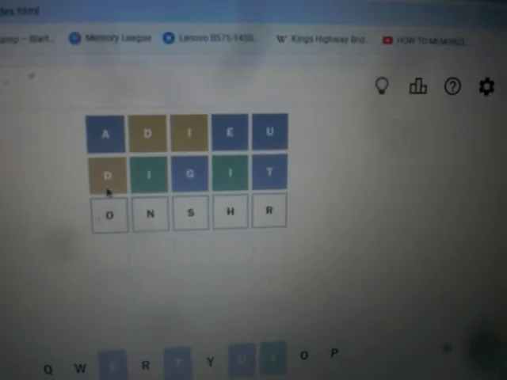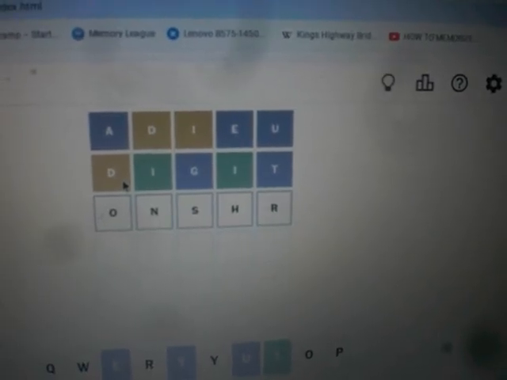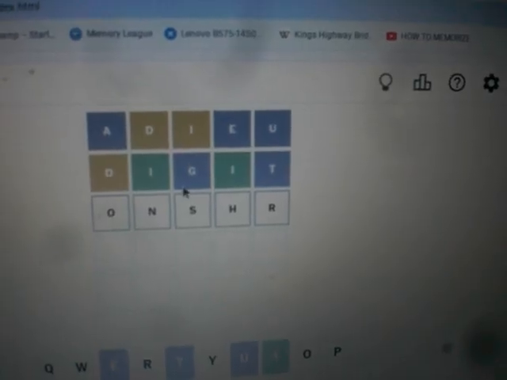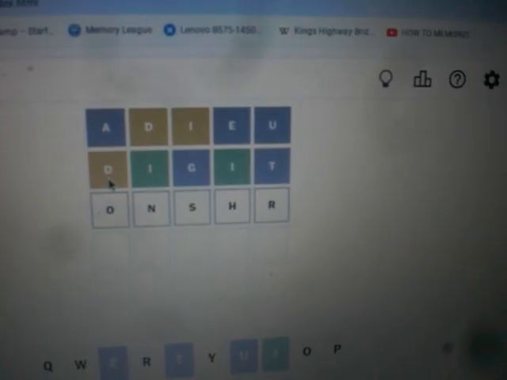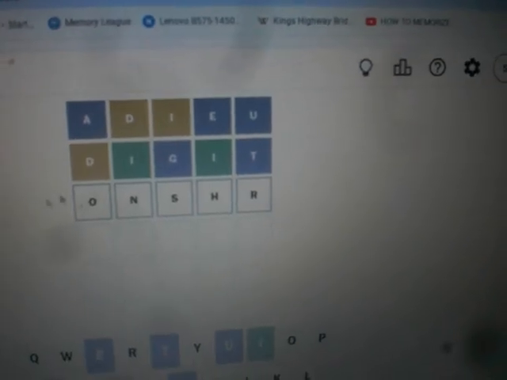So we had I-D-I. A, B, C, D, E, F, G, H, I, J, K, L, Lida, M, N, O, P, Q, R, S, T, U, V, W, X, Y, Z, Zizzes, a new soft drink, popular in Austria.